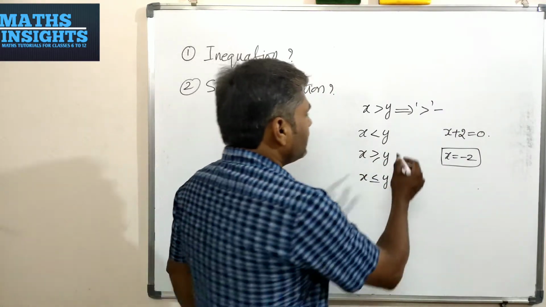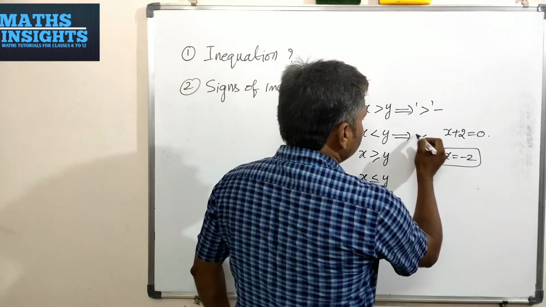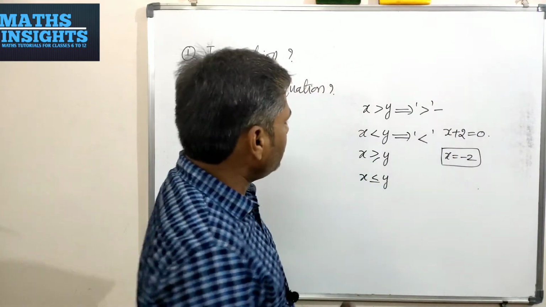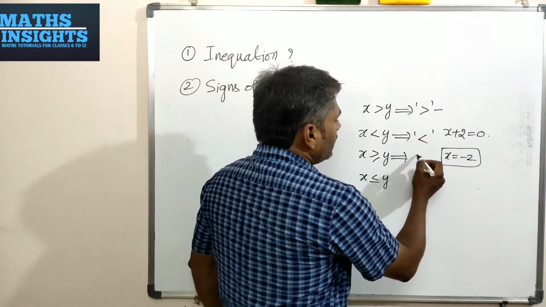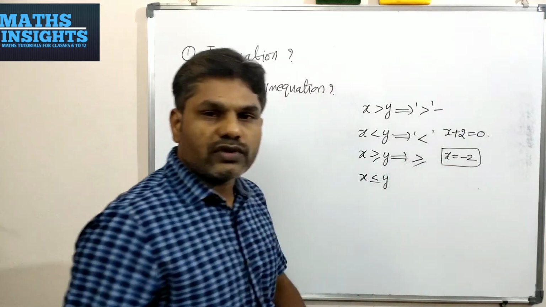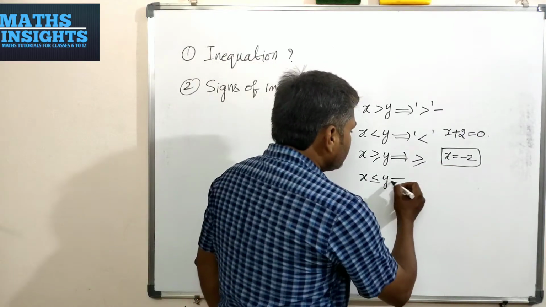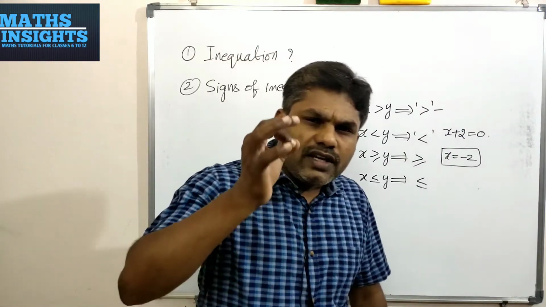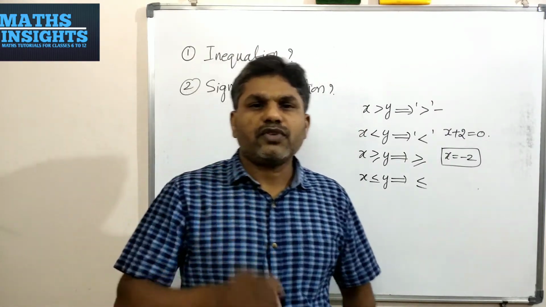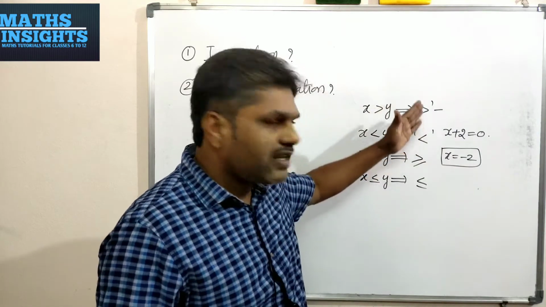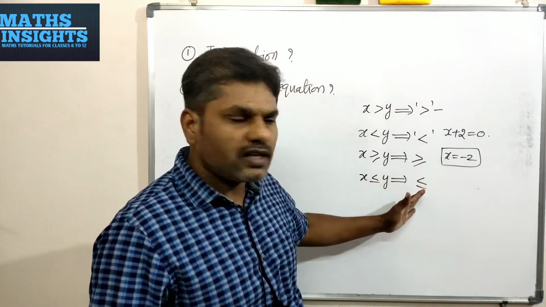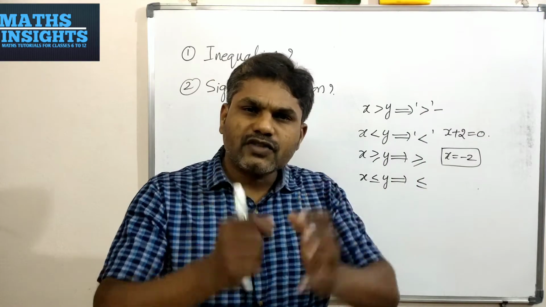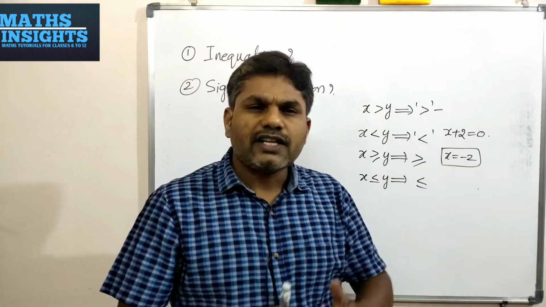Here less than is called a symbol of inequality. Here also greater than or equals to is a symbol of inequality. Similarly, in this case less than or equals to. So in any problem, if you find any of these symbols, that is said to be an inequation.